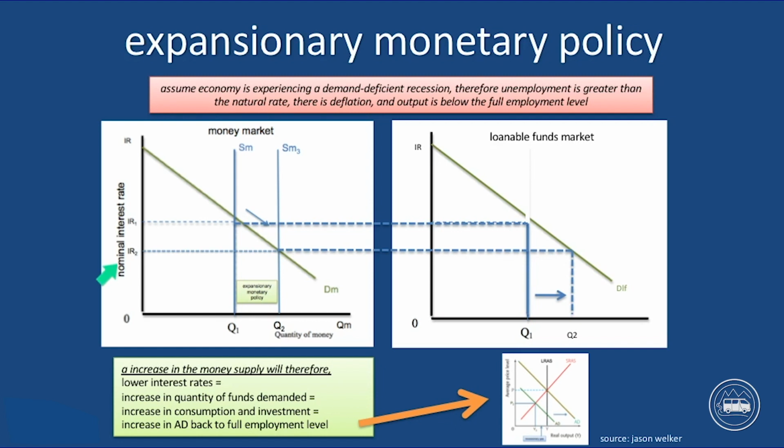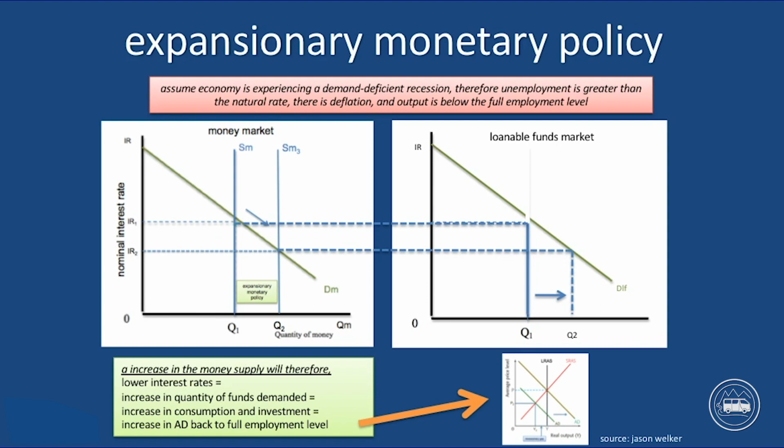So what this is right here is the money market, and this is loanable funds. This is the market for money. We have a downward sloping demand curve, which is the demand for money, and this is the supply of money set by the government. As a result of that, there is an interest rate. This is where the story begins. At SM1, Q1, this is the quantity of money that was flowing in the circular flow model before the recession.